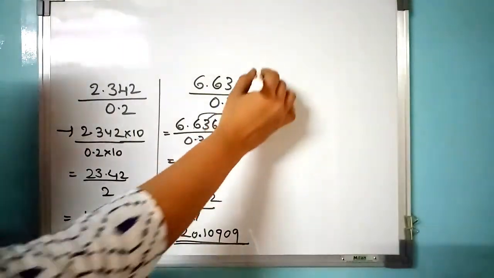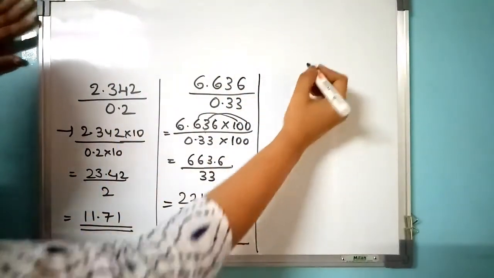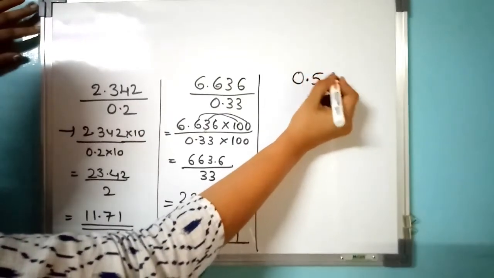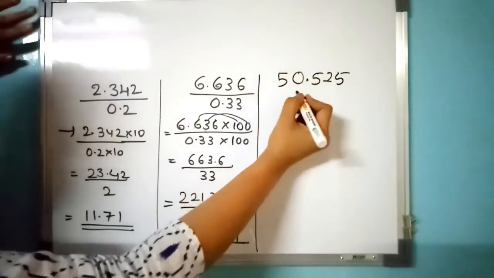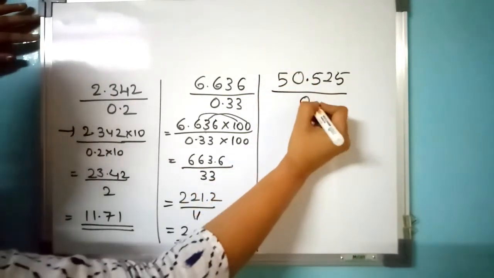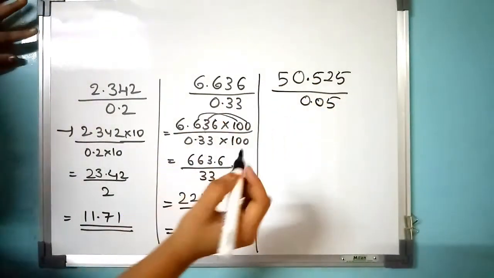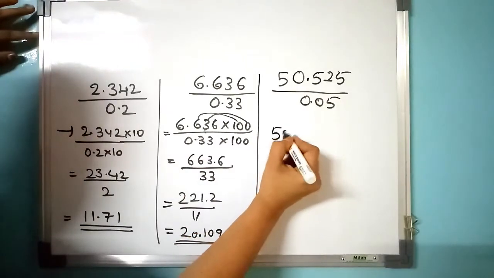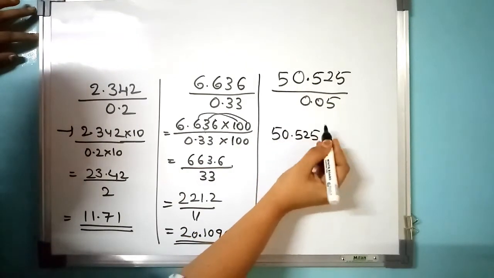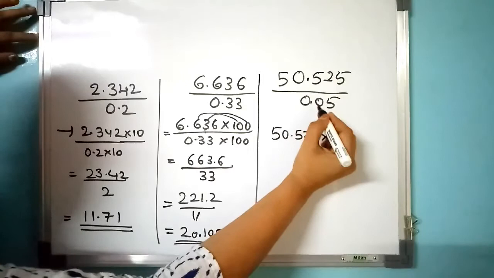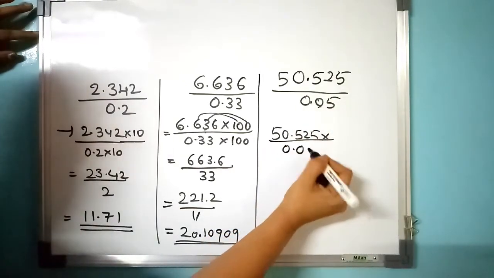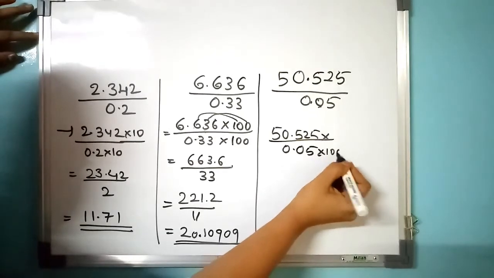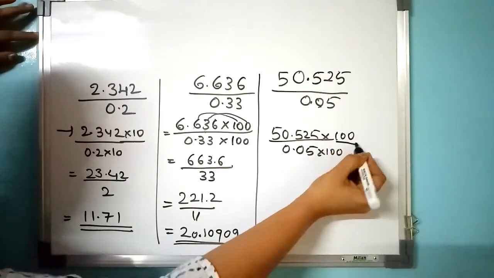Let's see one more example, the last example. Suppose the question is 50.525 upon 0.05. How can you solve this? After the decimal there are 2 digits, so we change the denominator to a whole number by multiplying by 100, and on the top also by 100.